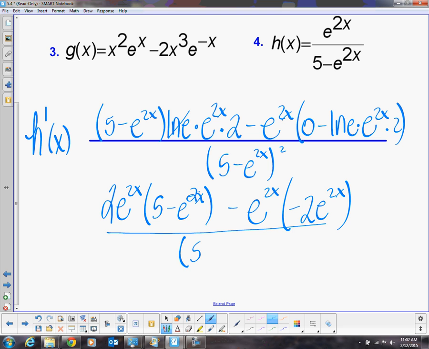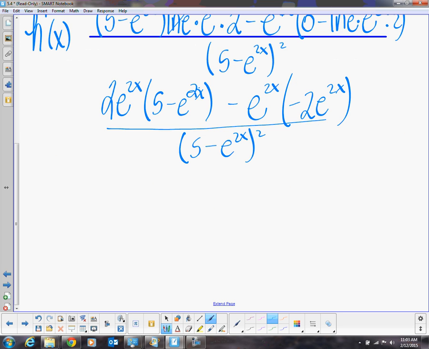So what do you think I should do next? Factor or distribute? What are we going to do? We could factor. Do you want factor? What can we factor? E to the 2x and, don't they both have 2's? Because that will simplify with that.